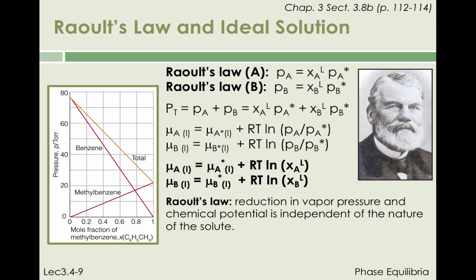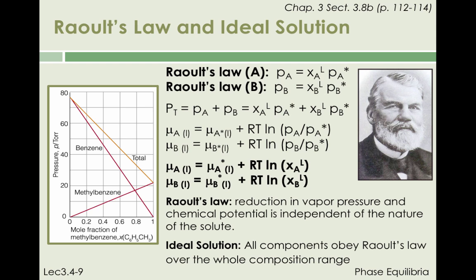Raoult's law indicates that for some mixtures, the reduction in vapor pressure from PA star to PA and PB star to PB, and the reduction in chemical potential from μA star to μA and μB star to μB is independent of the nature of the species and is only a function of the composition of the solution.